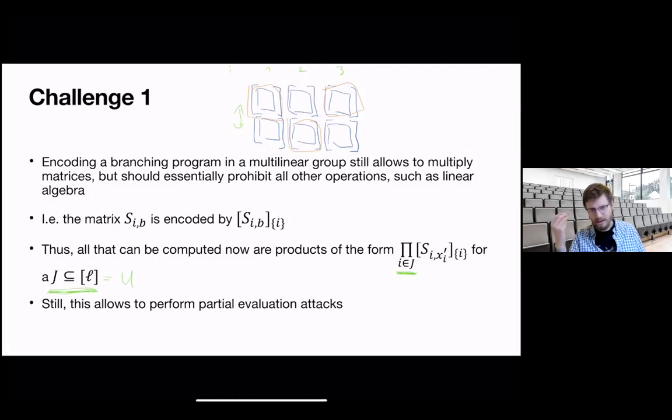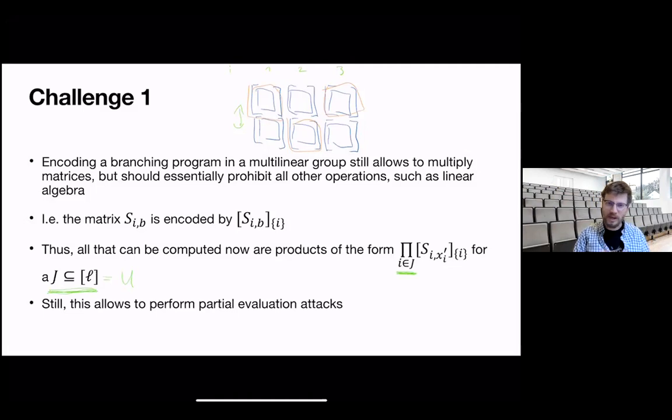If you go into any discrete-log-hard group and I give you g to the 7, and you know specifically that this is g to the 7 because 7 was just a constant, then you can easily check that this is the case by just computing g to the 7.